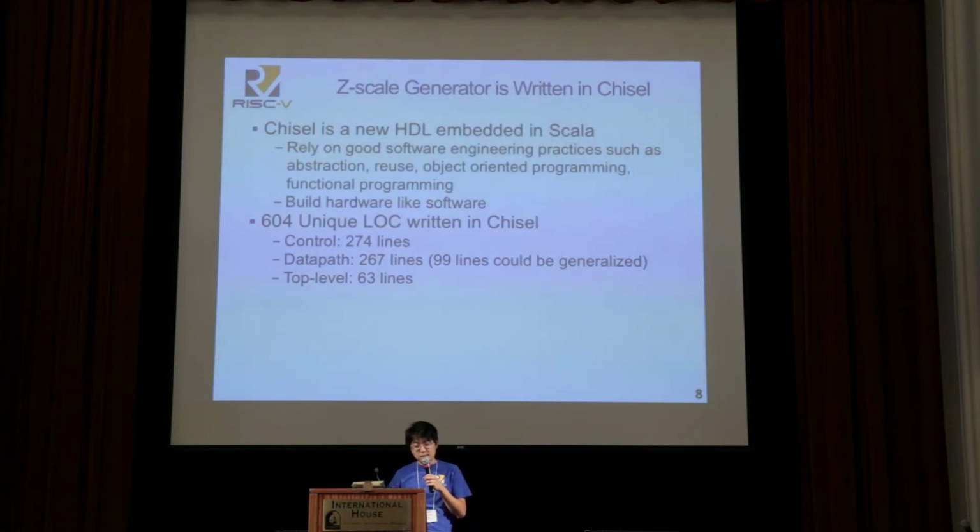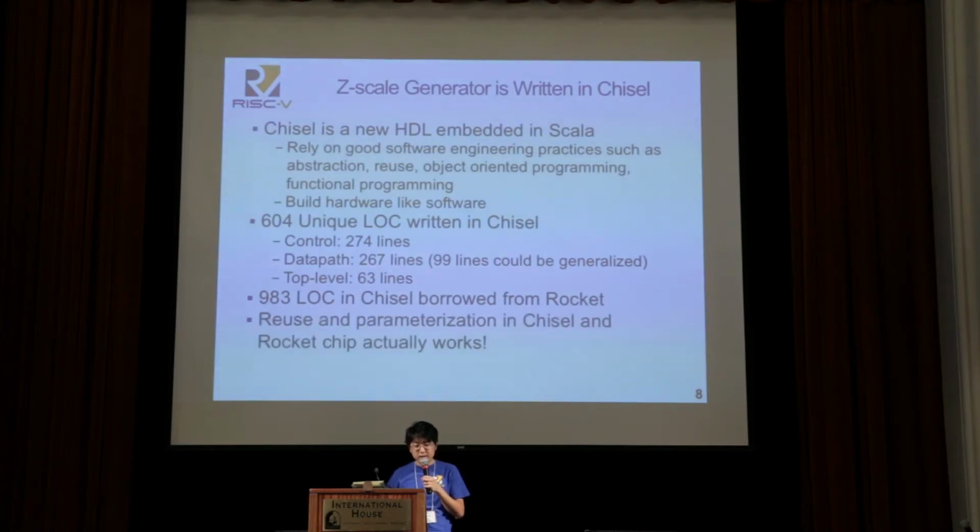The top level is 63 lines, which glues those two things together. And this time, we actually borrowed 983 lines from Rocket. We did not write those lines. Those lines were already verified. So reuse and parameterization in Chisel and Rocket actually does work.